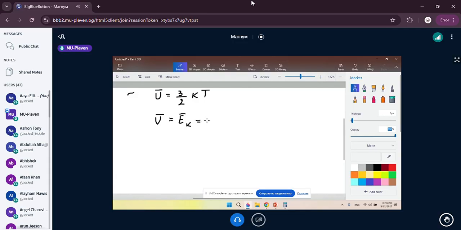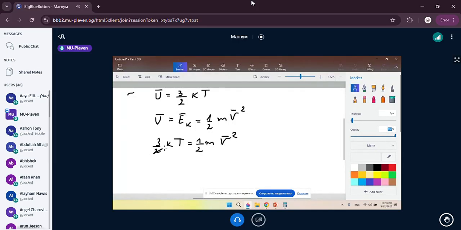So the mean kinetic energy, you know the formula for the kinetic energy, is half mv squared. So the left-hand sides are the same, and we can equalize the right-hand sides. For what purpose? To express the velocity, because this is what we want to know, which is given as a numerical value in the slide. So we've got 3/2 kT and 1/2 mv squared.